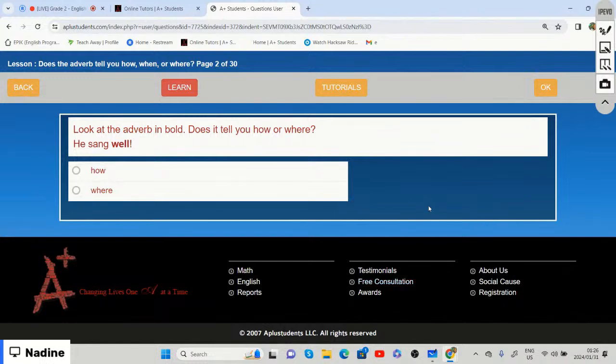All right, look at the adverb in bold. Does it tell you how or does it tell you when? He sang well.